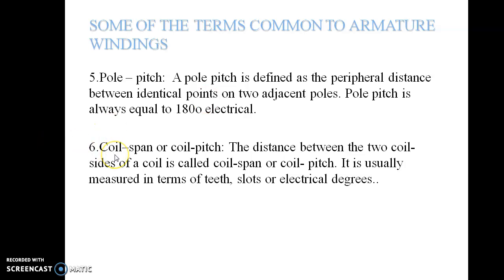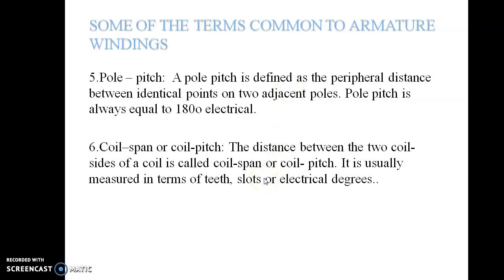Next, what is coil span or coil pitch? The distance between the two coil sides of a coil is called coil span or simply coil pitch. Remember, distance between two poles is known as pole pitch.